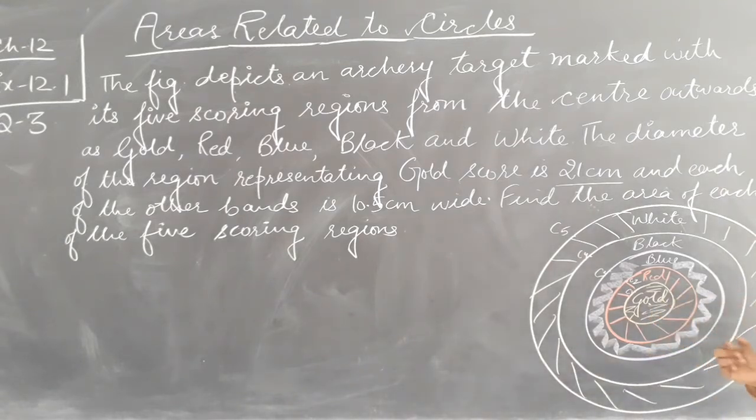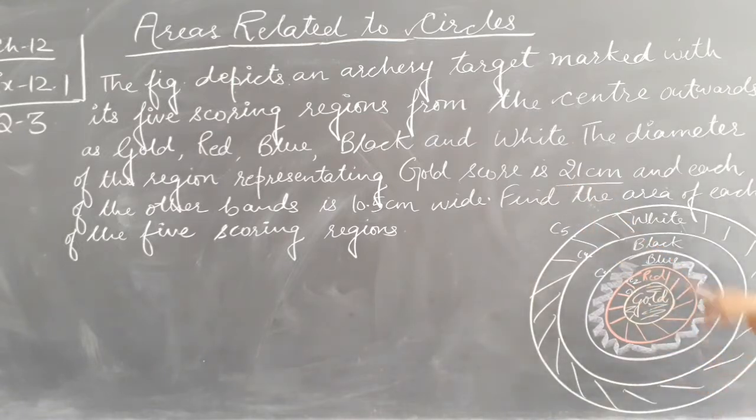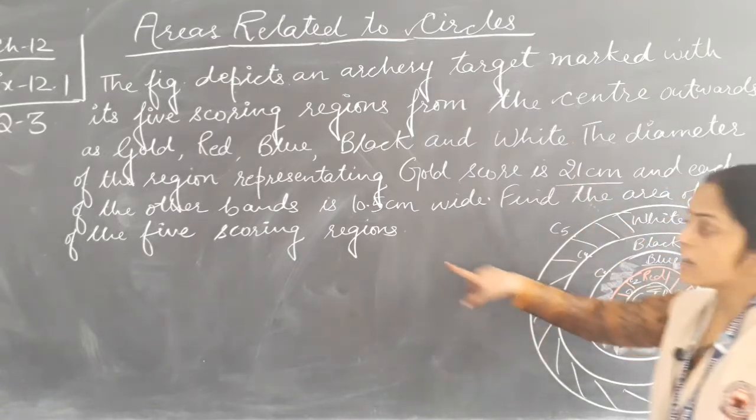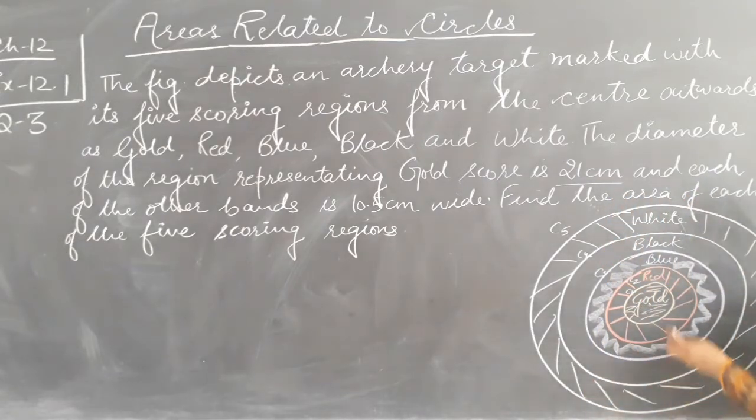Okay. It is given that radius of gold score is 21 upon 2 centimeter because diameter is 21 centimeter, radius will be its half, and each of the other bands is 10.5 centimeter wide. That means rest all the bands, this red band is 10.5 centimeter wide. So this width is given 10.5 centimeter.